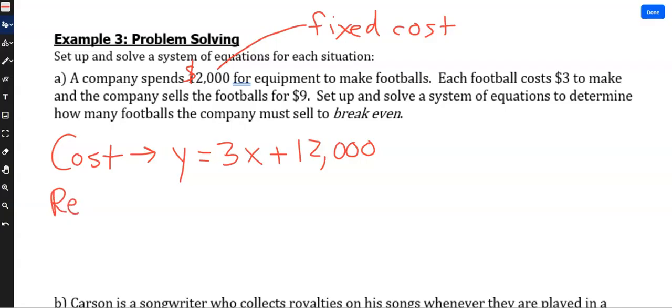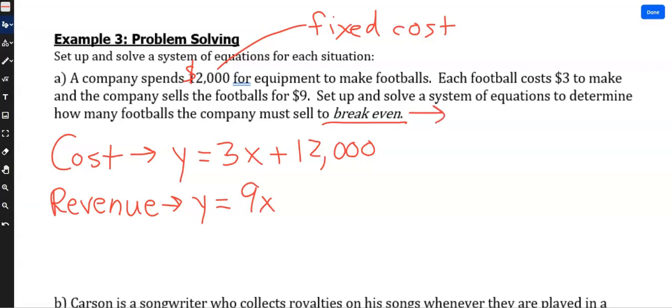Well, the revenue, can't spell. Revenue is how much money you make. We make $9 every time we sell a football. So the question is, set up and solve a system of equations to determine how many footballs the company must sell to break even.